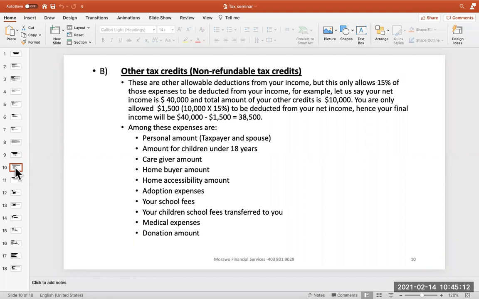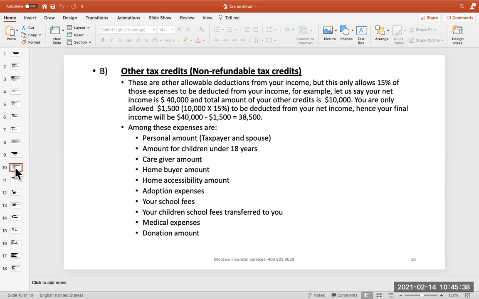We give you some amount back. Then adoption. Oh, you want to go home and adopt a child. The government says thank you for bringing an additional person to Canada. So we give you some relief. Then your school fees. You go to school, they love it when you go to school. So for doing that, government says thank you. They give you some refund.